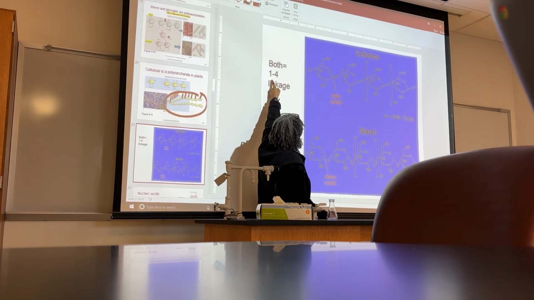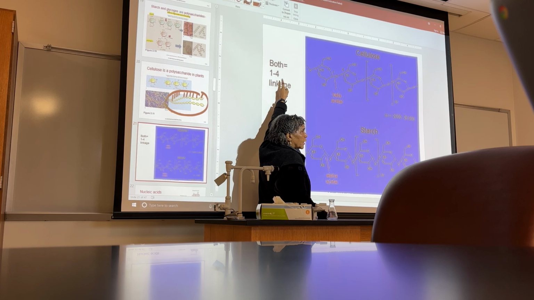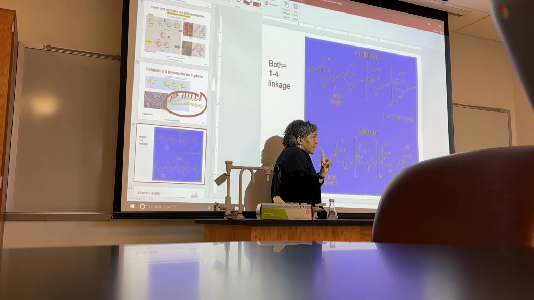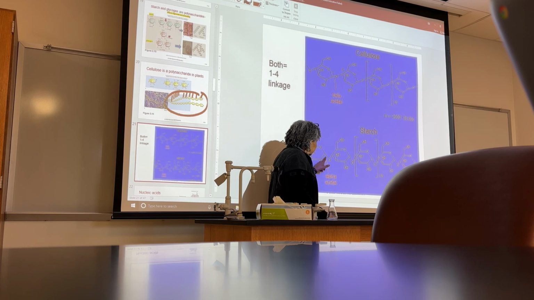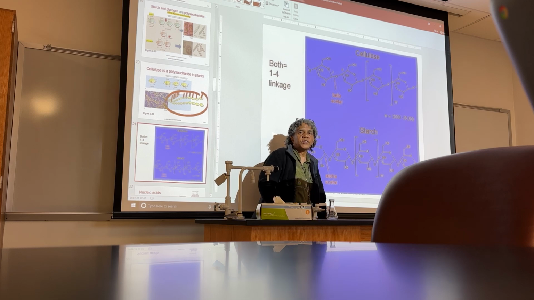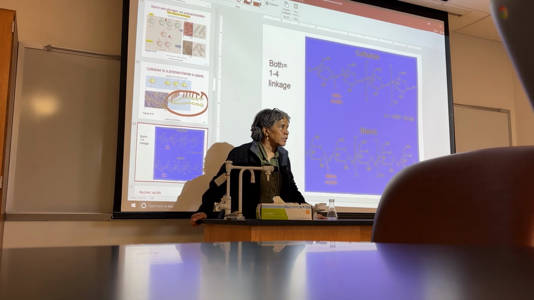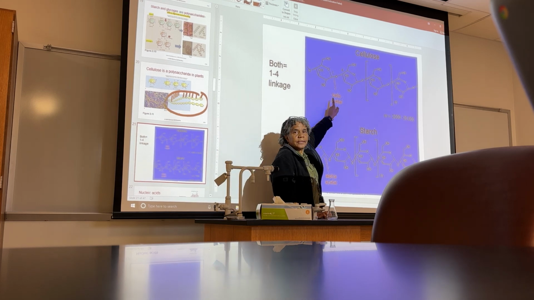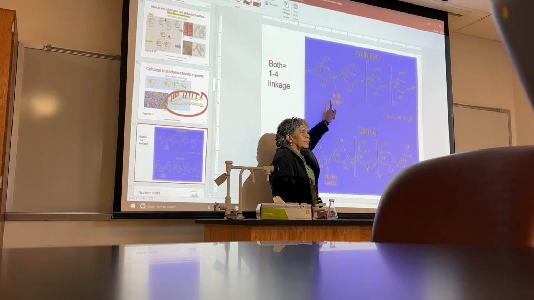They both have the same kind of linkage except for the oxygen. It's in the alpha position for starch. The oxygen is in the beta position right there for cellulose. And I mentioned to you that is the reason your body cannot process this, which is the reason you cannot digest grass.